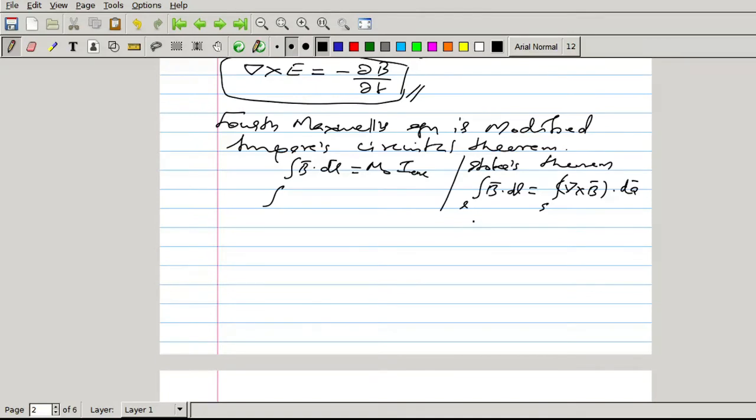By using the Gauss divergence theorem, you can change a surface integral into a volume integral. How can we change the surface integral into a volume integral? If you have an equation like B dot dA, this is a surface integral over the surface area, that can be changed to a volume integral as del dot B dV.